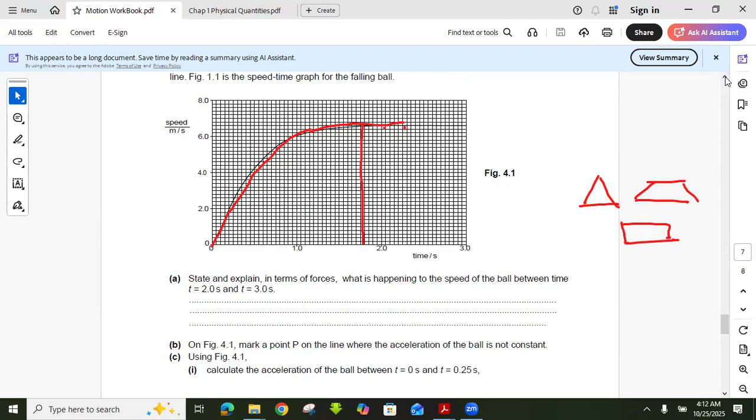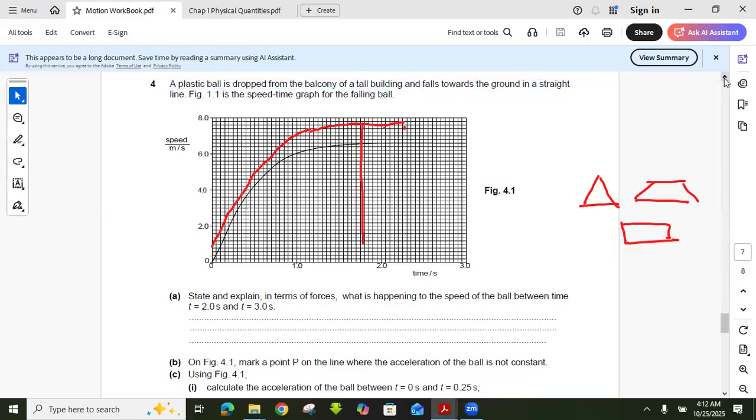They just write area under the graph, then attempt at counting the squares, between 16.2 to 17.5 meters. So they are asking for an estimated answer.